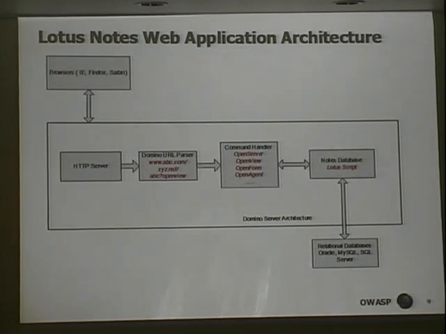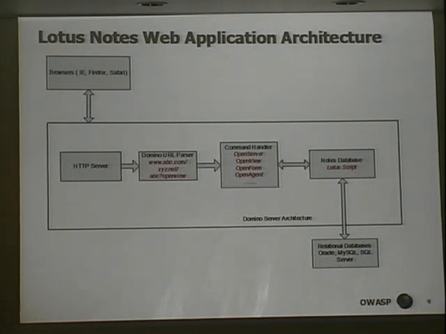So when you try to hit a Notes database in a URL, the HTTP server will deliver the request to the Domino URL parser. The Domino URL parser will determine whether it's a normal request for the file system or a request for the Notes database itself.